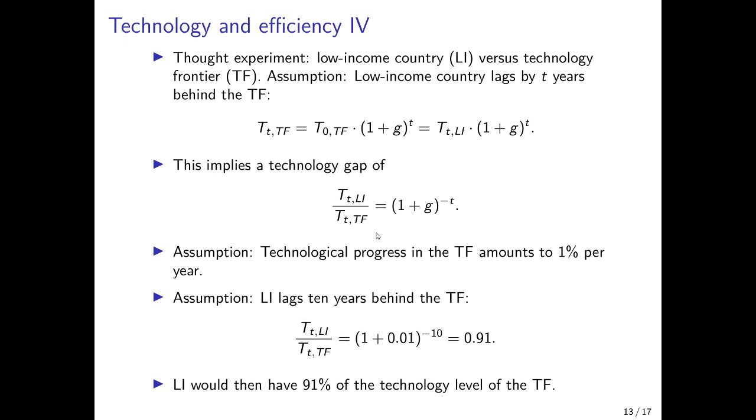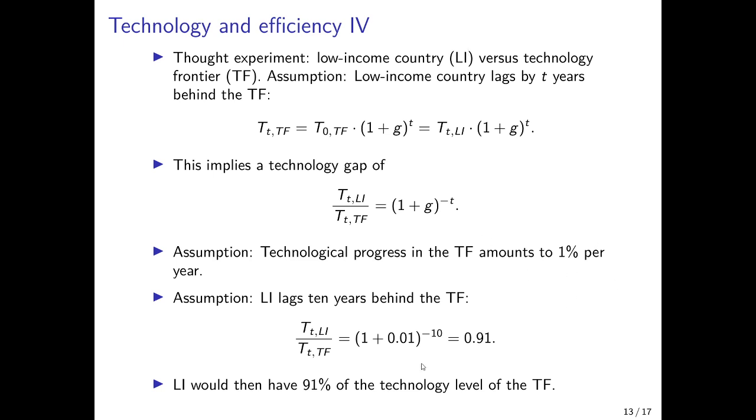Now we assume that technological progress happens at 1% per year, an assumption that we also used previously in this course. And we additionally assume that the low-income country lags 10 years behind the technology frontier. That's just a number that we put in. It has nothing to do with the real world for the moment. It's just for the sake of illustration.